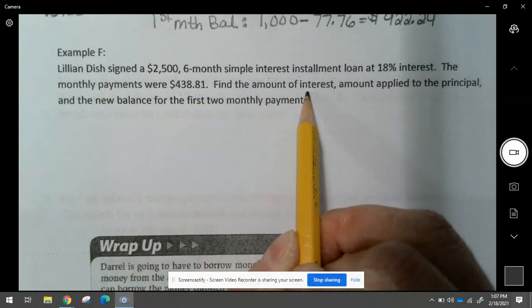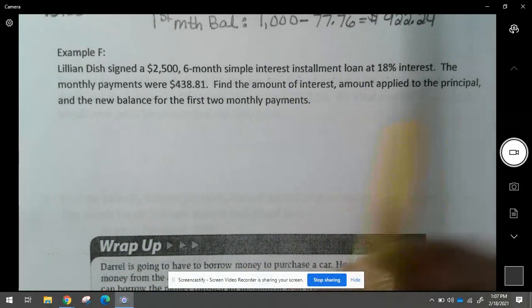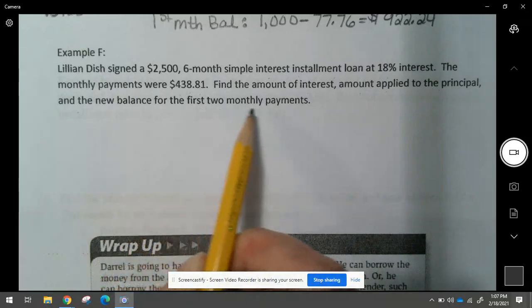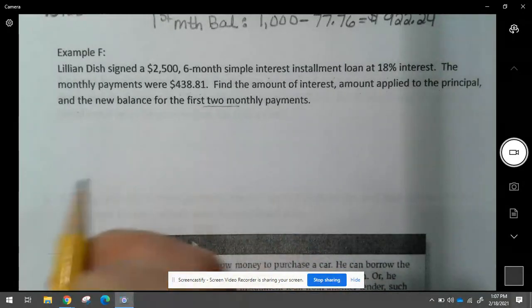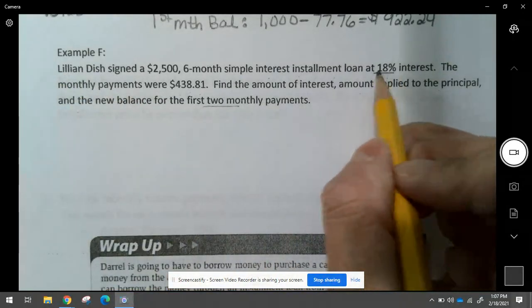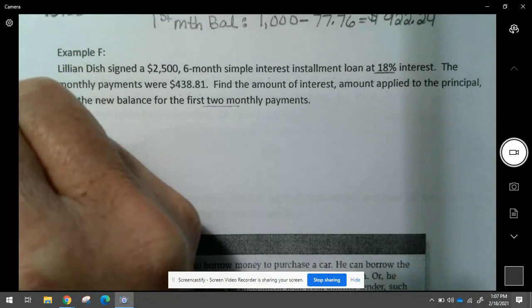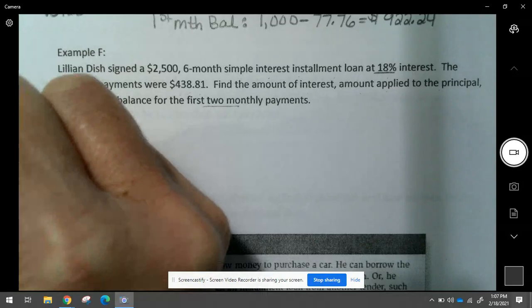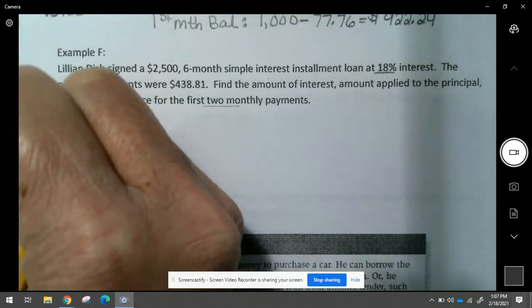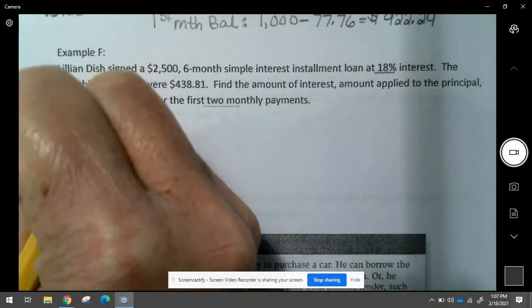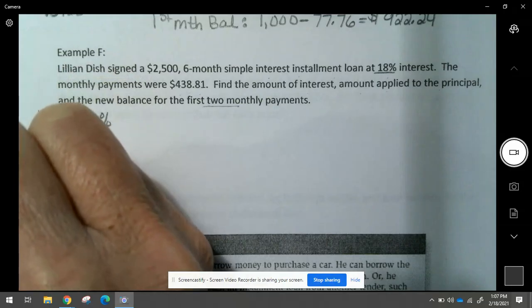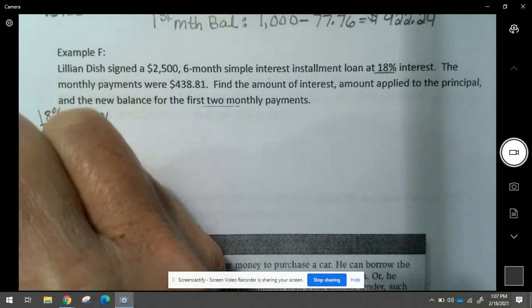Find the amount of interest, amount applied to the principal, and the new balance for the first 2 monthly payments. Again, we go back to the problem. We take care of our interest rate first. So 18 divided by 12 gives us 1.5%. And as a decimal, that's 0.015.